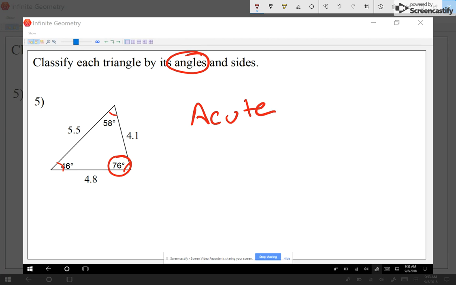Once again, I go by the biggest angle. Now, when I classify it by the sides, I'm looking at the sides there: 4.1, 4.8, and 5.5. Because they are all different, it is scalene. Perfect. You guys also have isosceles and equilateral.